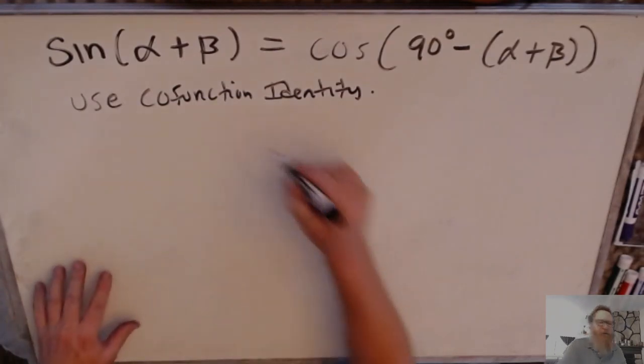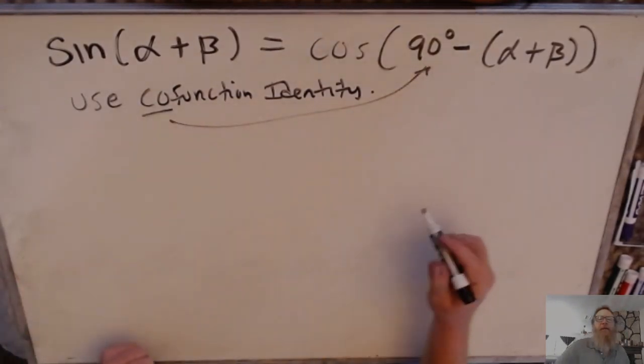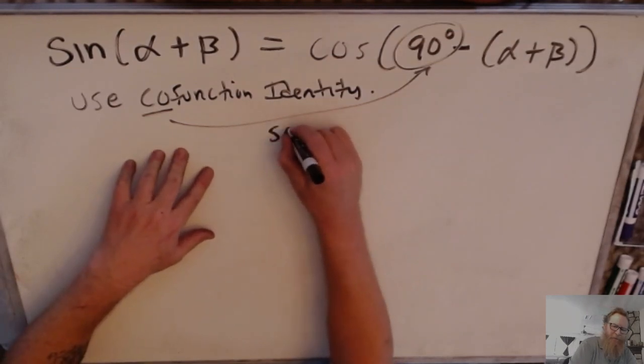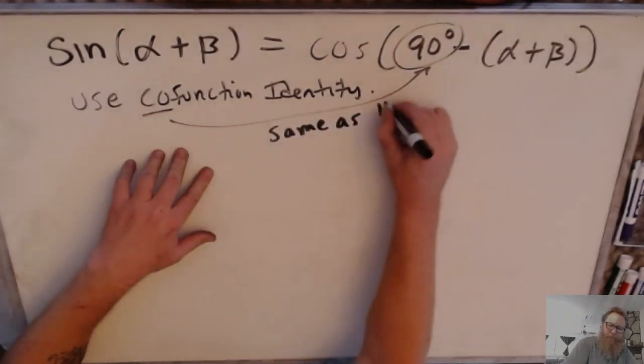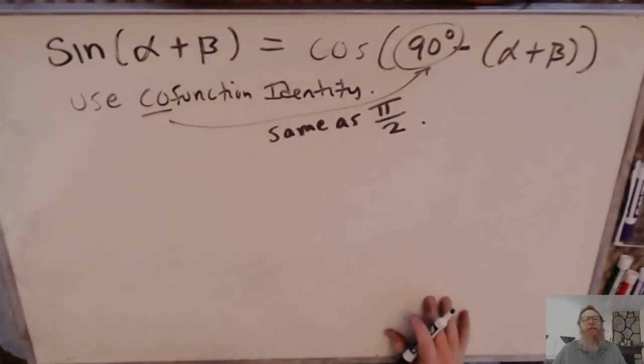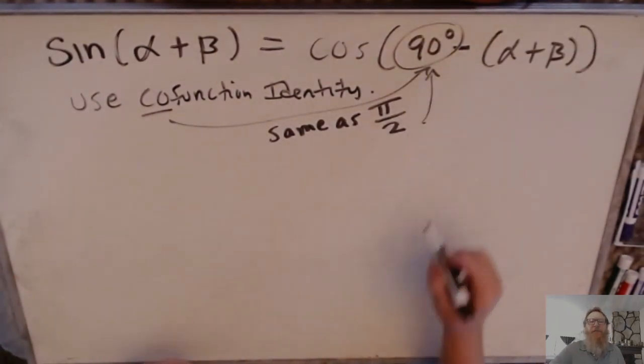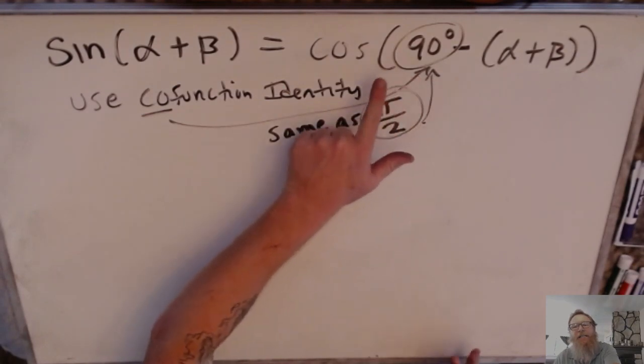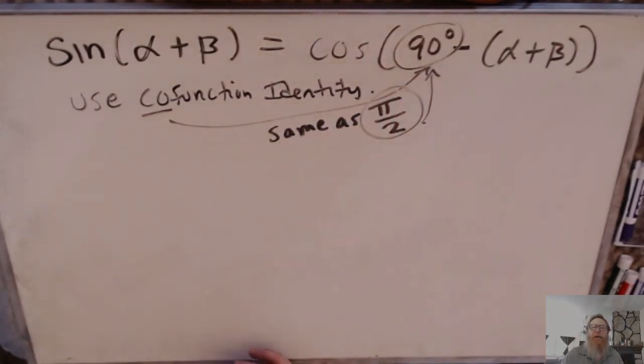Yeah, that's the cofunction identity. This means the same as pi over 2 if we were doing it in radians. I'm doing my examples right now in degrees. I will switch over to radians at some point, but right now I'm doing degrees.